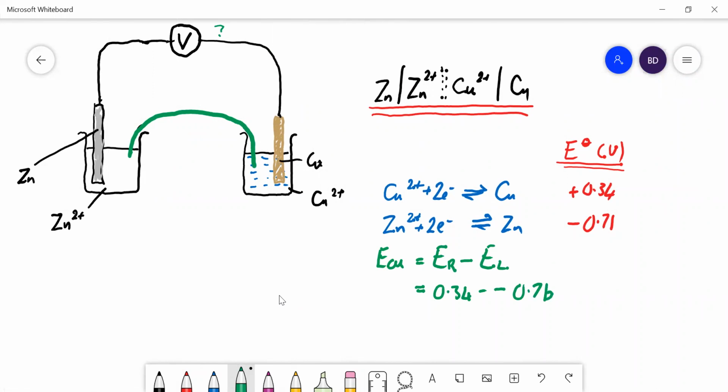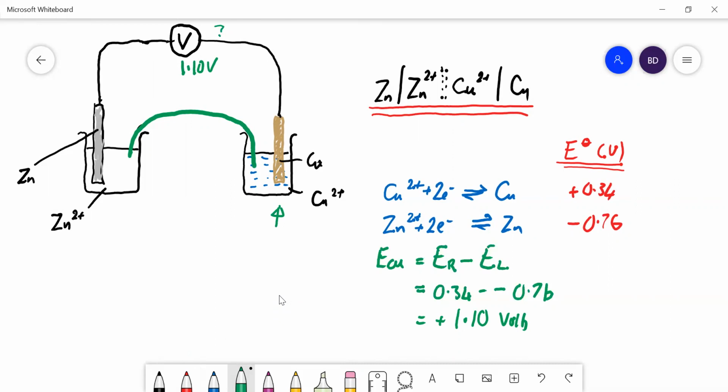So the E cell would be plus 1.10 volts. The reading on this voltmeter would be 1.10 volts, and it's positive, and so that means the copper is the right hand side.